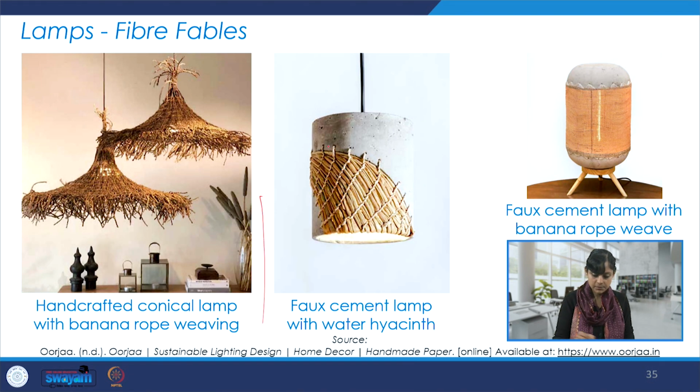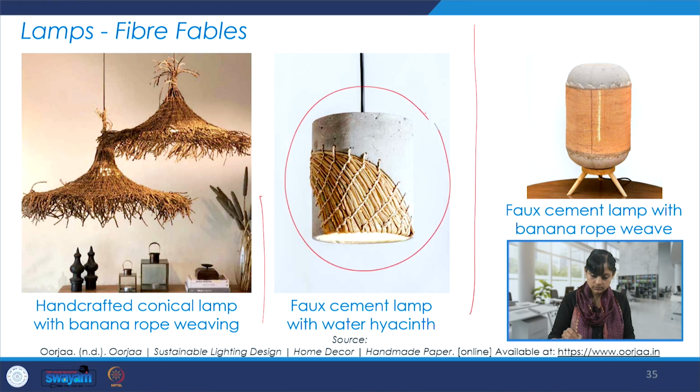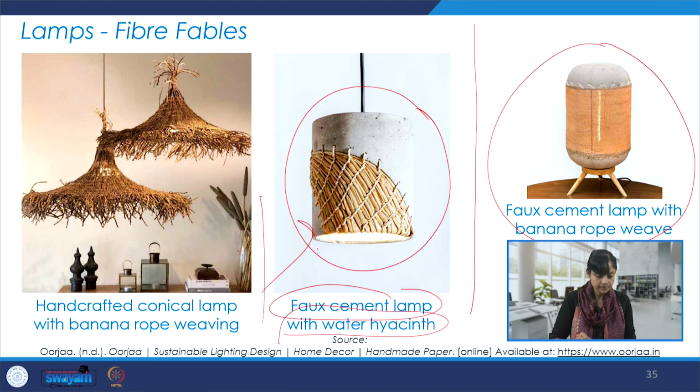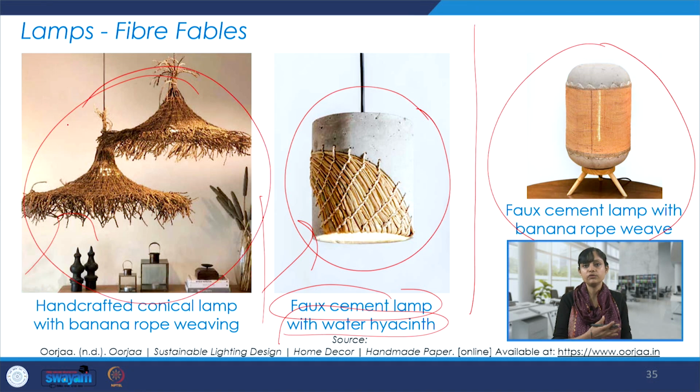Some of the examples you see over here, very interesting material palette, very interesting permutations and combinations, like a faux cement lamp with water hyacinth over here. This is another one which is handcrafted. It's a conical lamp and it has banana rope which is woven and which has been given this kind of a shape or a form.